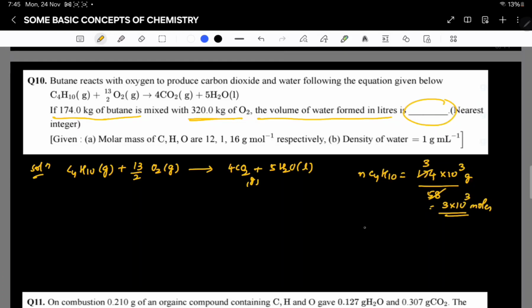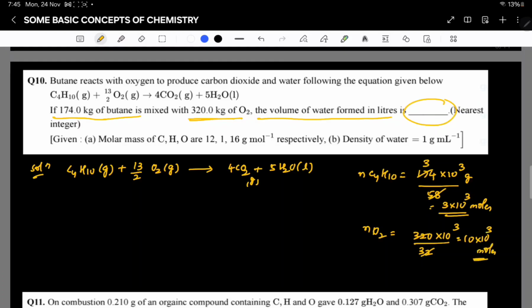Similarly, we will calculate the number of moles of O2. That is equal to 320 into 10 power 3 divided by 32. So this will be 10 into 10 power 3 moles.